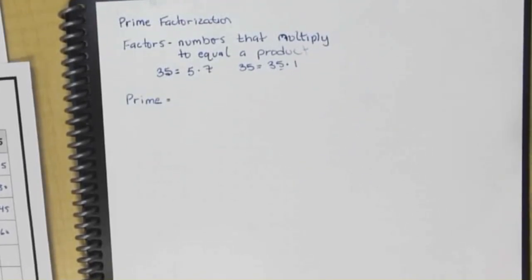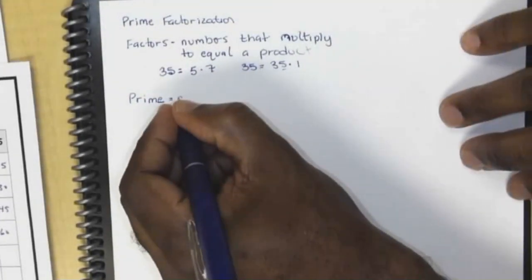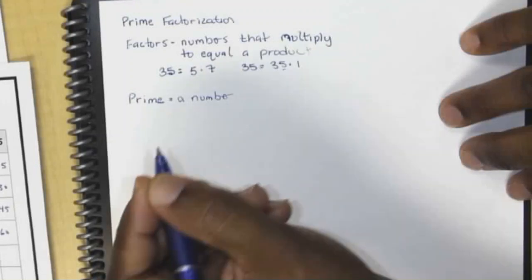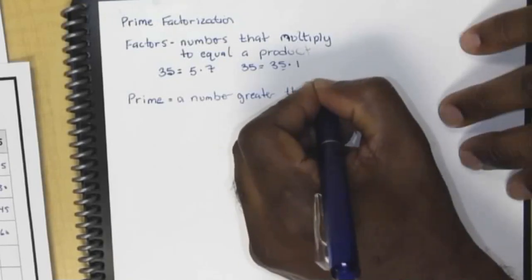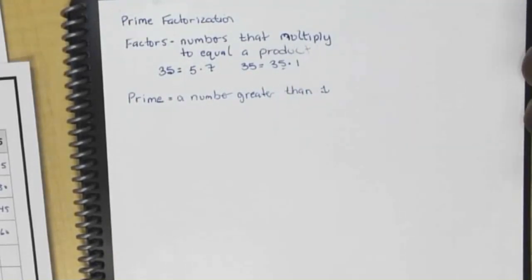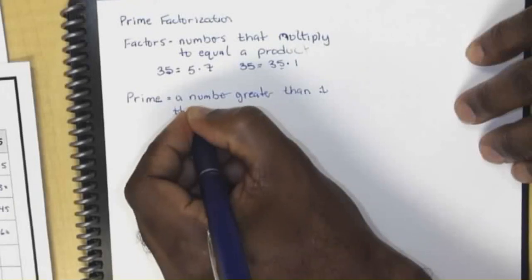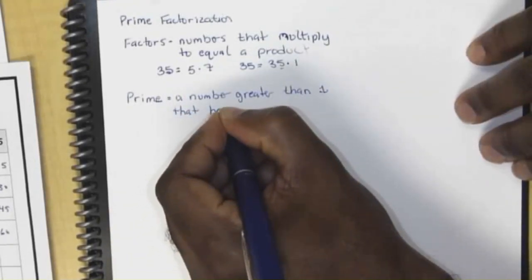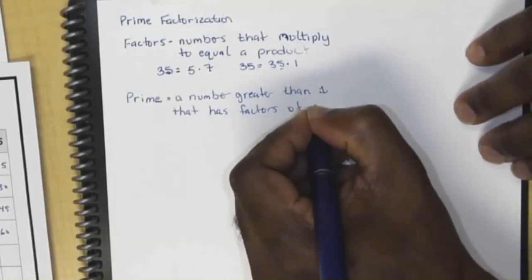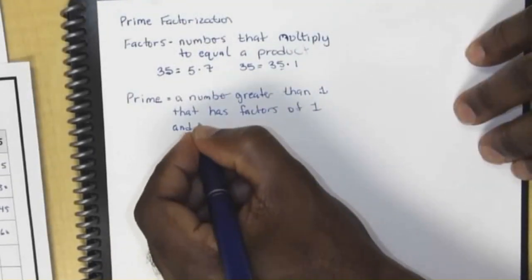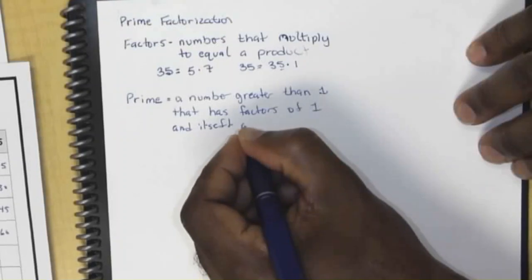All right. Now, prime is defined as, let me get an easier way of saying it, a number greater than 1 that has factors of 1 and itself only.